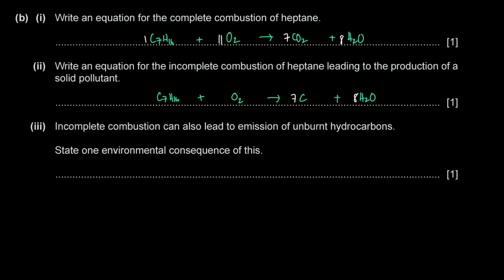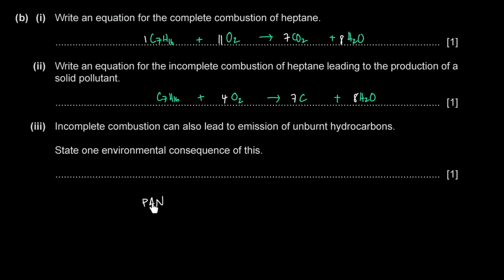Incomplete combustion takes place when we have a lack of oxygen, or a relatively lower amount of oxygen available. Incomplete combustion can also lead to emission of unburnt hydrocarbons. State one environmental consequence of this. Unburnt hydrocarbons can react with oxides of nitrogen to form peroxyacetyl nitrate, also abbreviated as PAN.